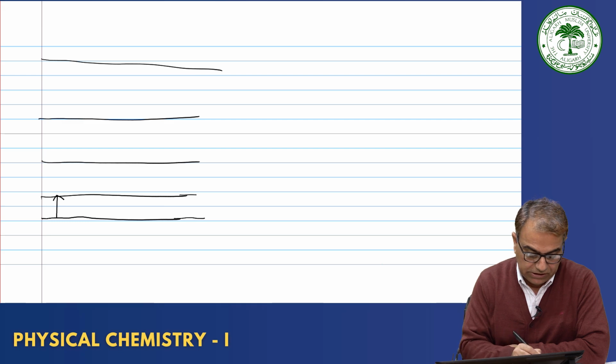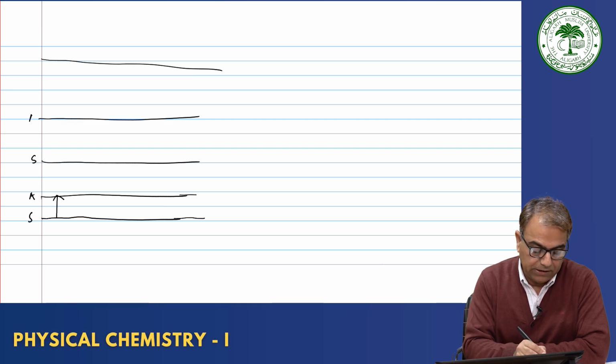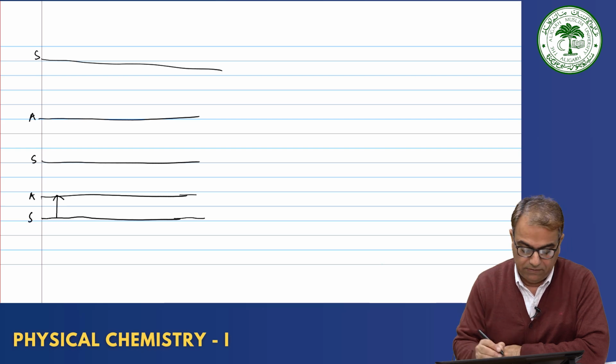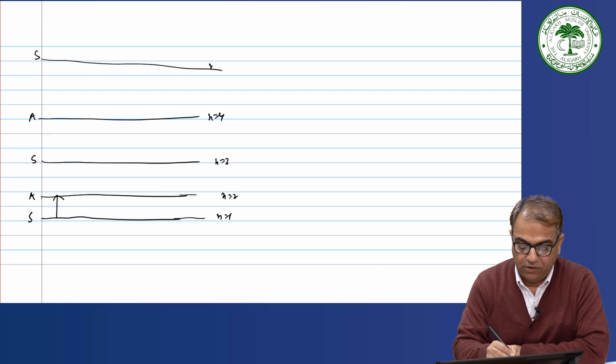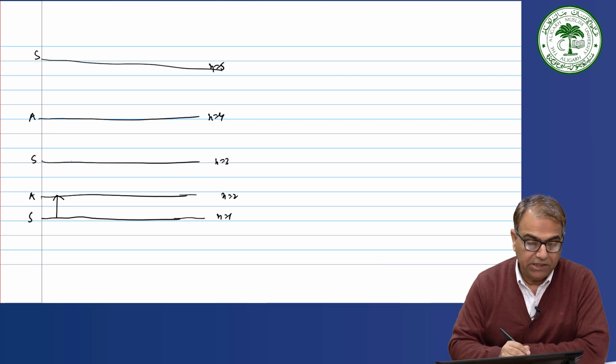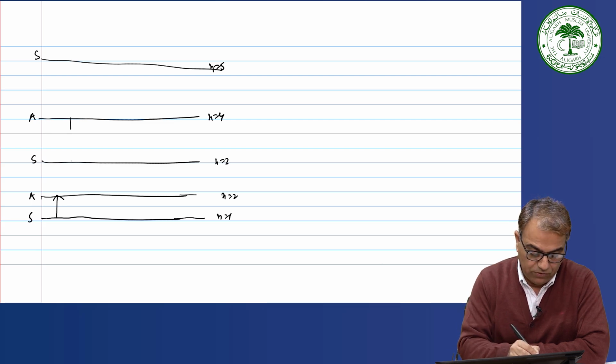Okay. So this is symmetric, this is antisymmetric, this is symmetric, this is antisymmetric, this is symmetric. N is equal to 1, N is equal to 2, N is equal to 3, N is equal to 4, N is equal to 5. Now from symmetric to symmetric it will not go, so it will go to this one.